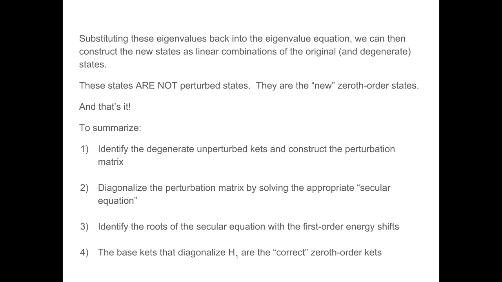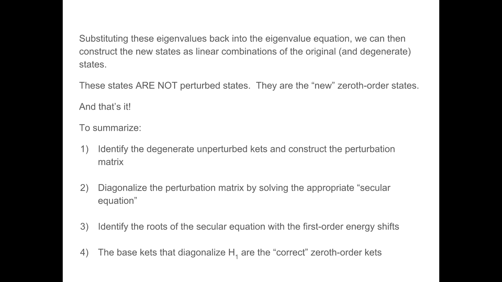If you're given a problem, the first thing you want to do is identify the degenerate unperturbed states. So you would write down your Hamiltonian, maybe in matrix form, and identify the states that are degenerate, and then construct that submatrix, that perturbation matrix.